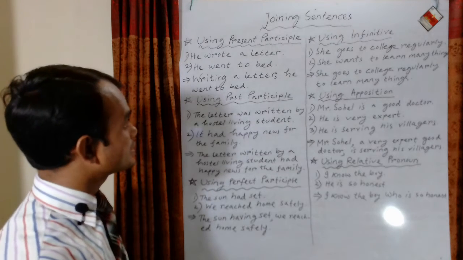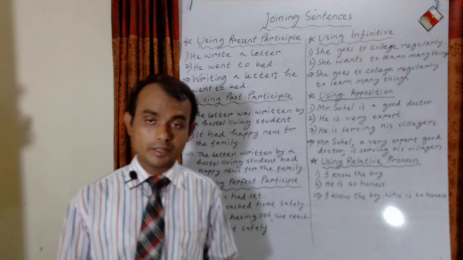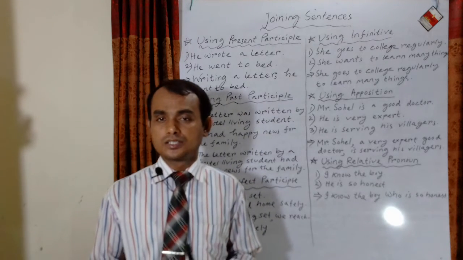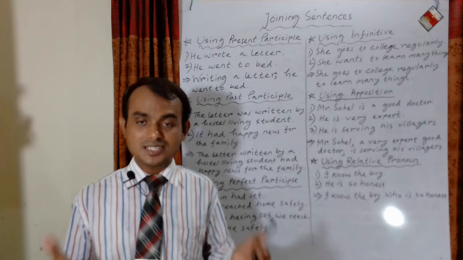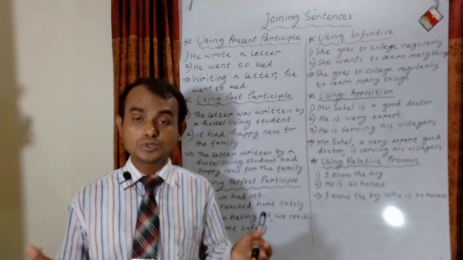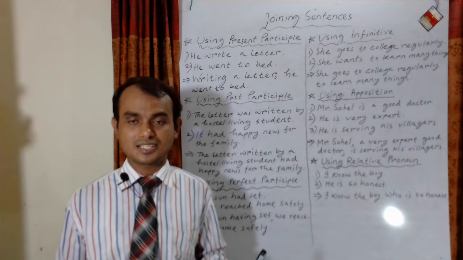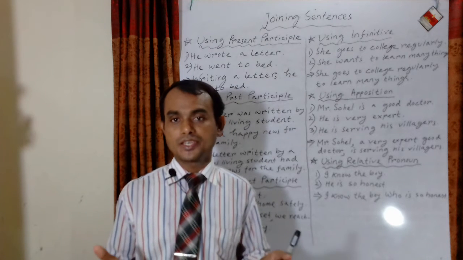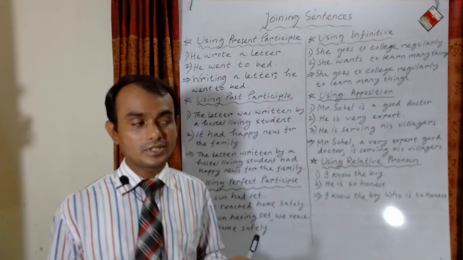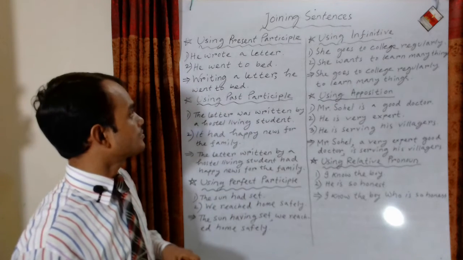Dear students, again I repeat. Dear students, you can make one sentence from two or more simple sentences. Okay. How is it possible? You can do it in the following ways.